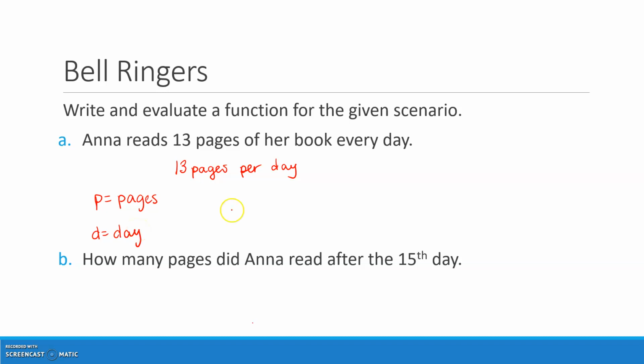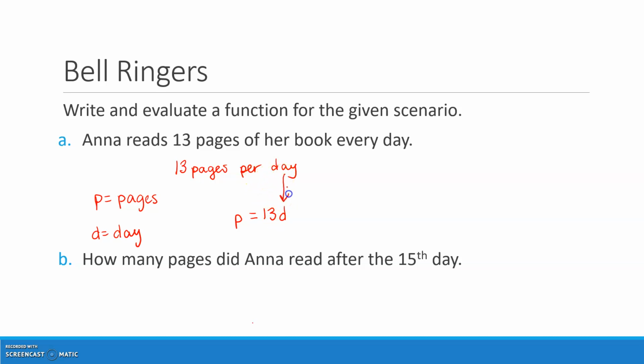All right, so we know that in one day she can read 13 pages. So because it's pages per day, we want to take the number of days and multiply it by 13.